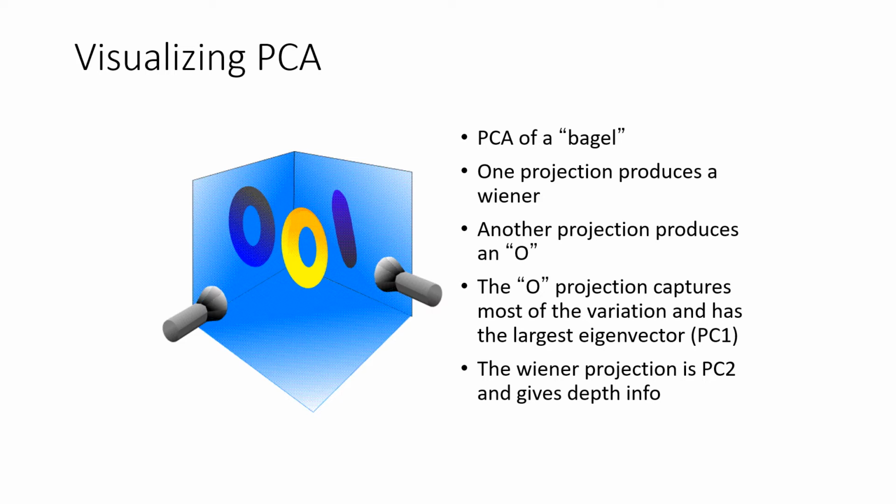So the O projection actually captures most of the variation of the object, and so it has what we call the largest eigenvector, and it forms principal component 1. The sausage or wiener shape has less information, and it would form principal component 2. Together, principal component 1 and 2 are enough to describe the bagel. They describe its overall shape and its thickness.